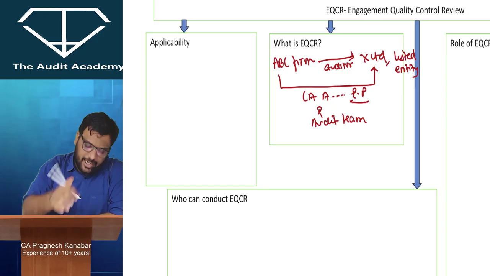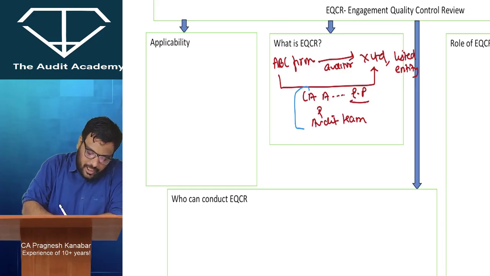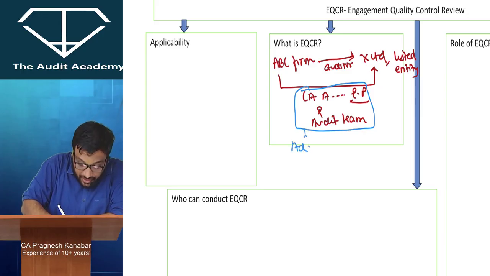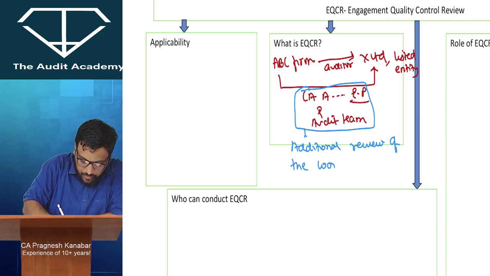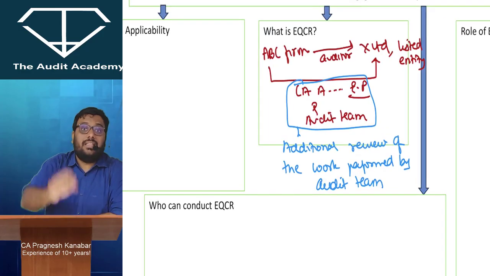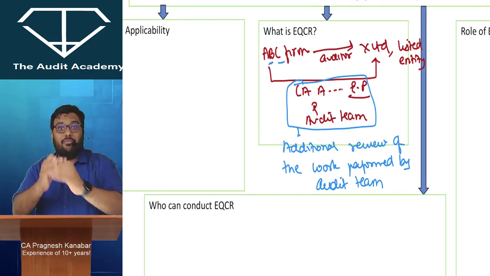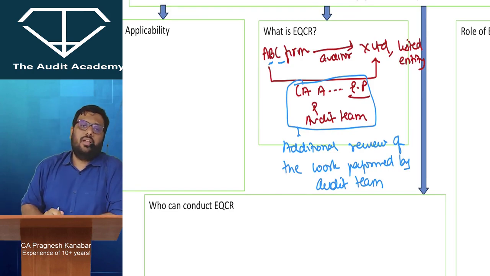But what is engagement quality control review? Engagement quality control review is nothing but an additional review of the work performed by the audit team. That means either Mr. B or Mr. C, someone other than the engagement partner, will review the work performed by the engagement team.